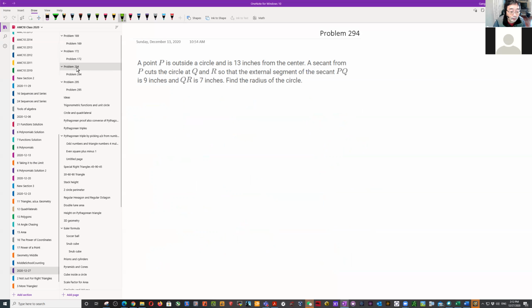A point P is outside a circle and is 13 inches from the center.